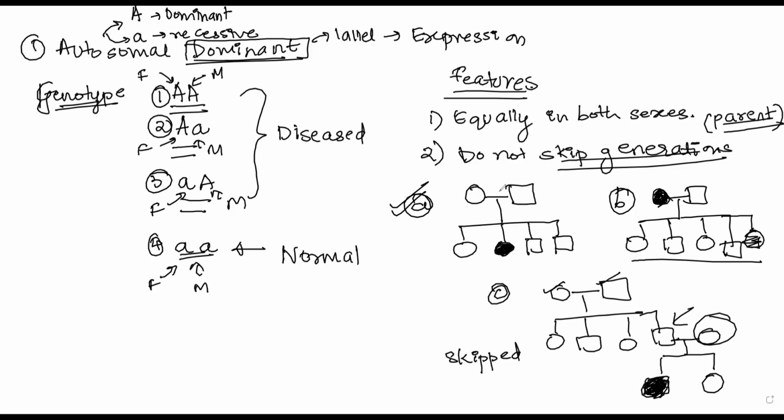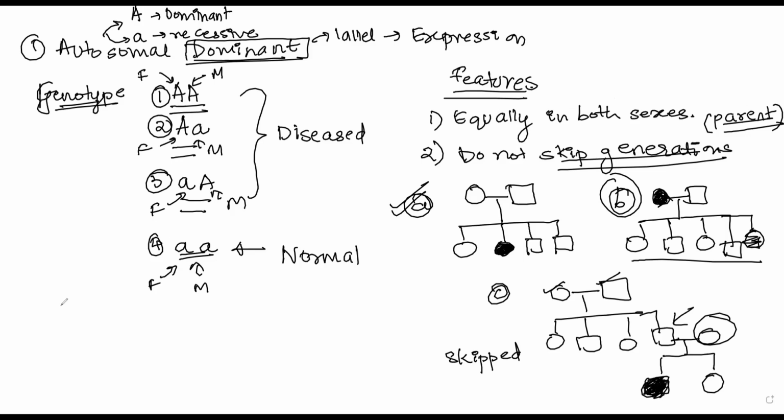If the parent is not diseased, and one of the children is diseased, then you can say that the generation has been skipped. So just remember that. Here in the B example, maybe this is not an example of skipping generations. Okay. So one characteristic is that it doesn't skip generation.